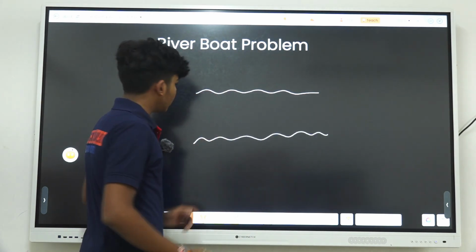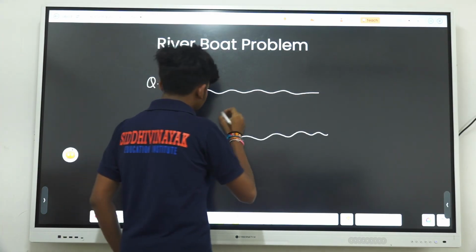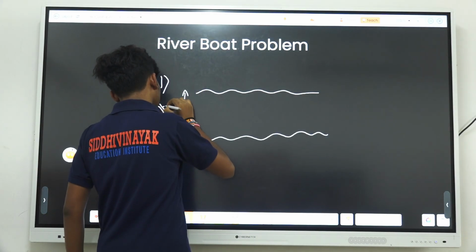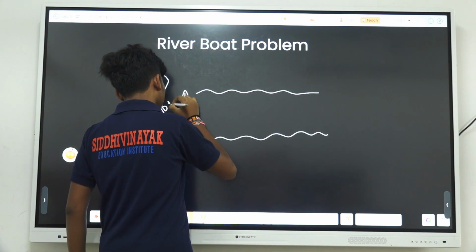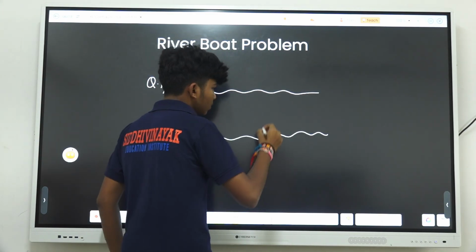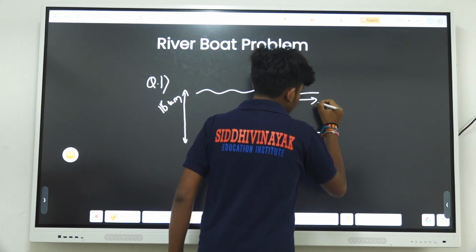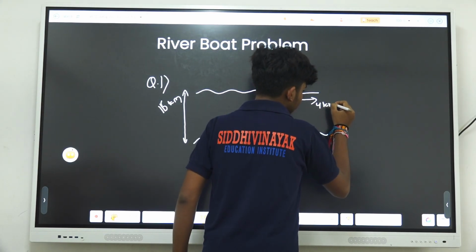This is our river, and the width of the river is 16 kilometers. The speed of the river by which it is flowing is 4 kilometers per hour.